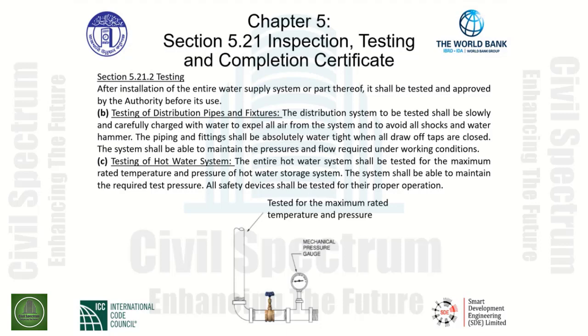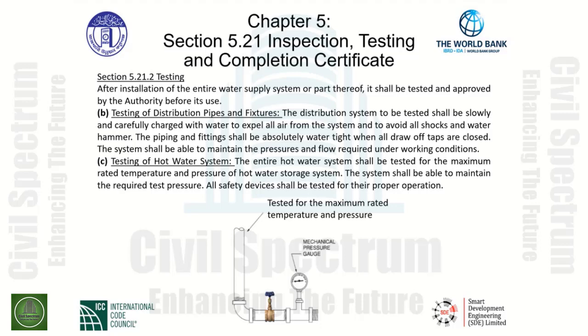Item C gives us testing of the hot water system. The entire hot water system shall be tested for the maximum rated temperature and pressure of the hot water storage system. The system shall be able to maintain the required test pressure. All safety devices shall be tested for their proper operation.